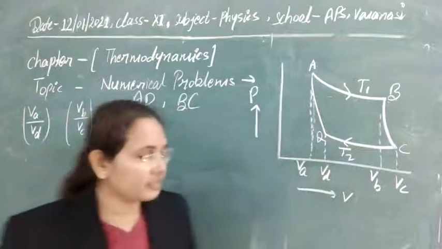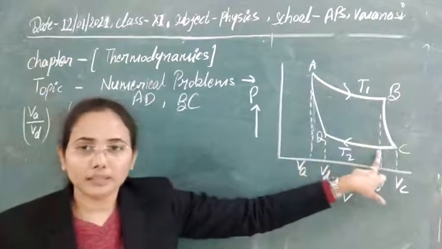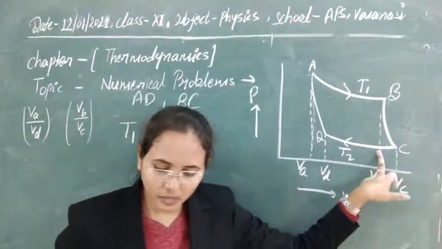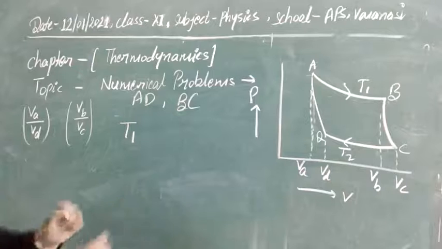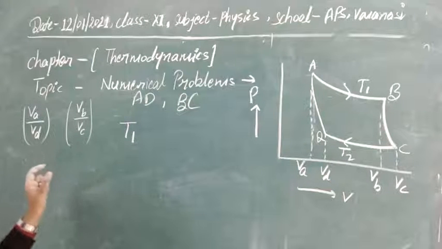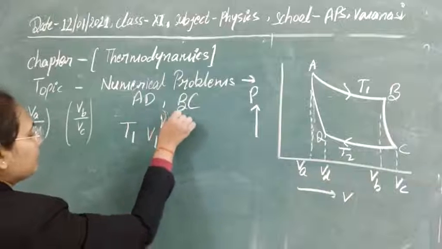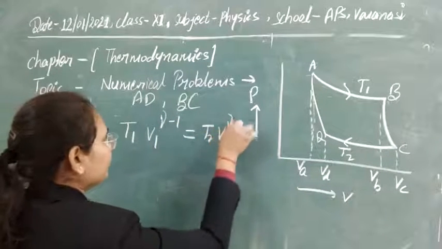Either you can take this equation, or as you know the pressure, you can take the pressure concept also. Whichever is convenient, you can take. So let's take T1 V1 power gamma minus 1 equal to T2 V2 power gamma minus 1.